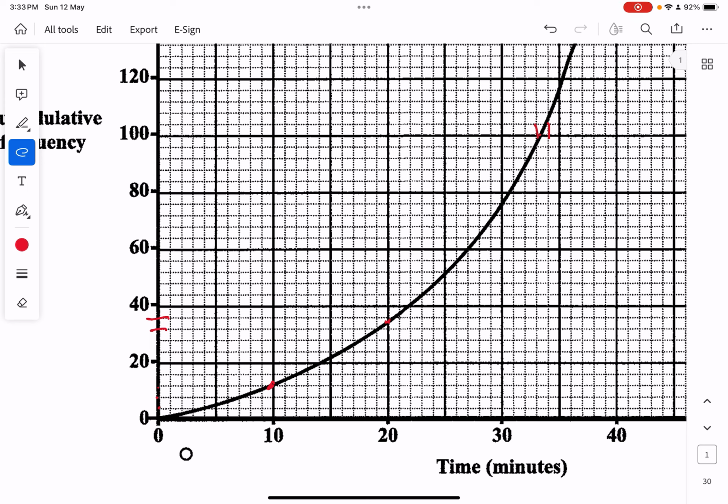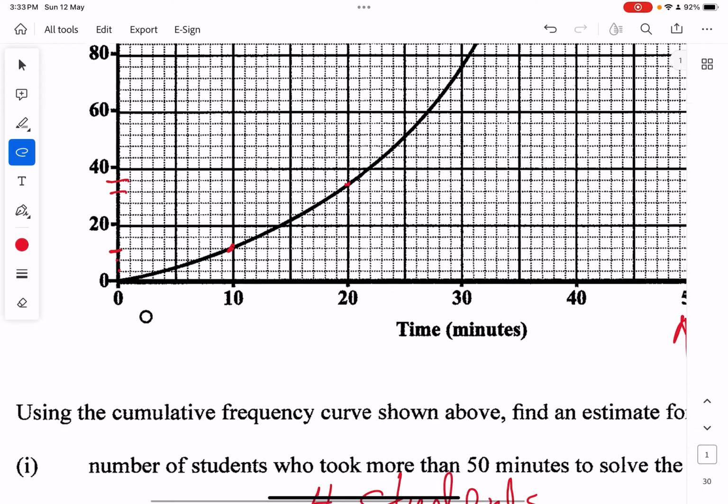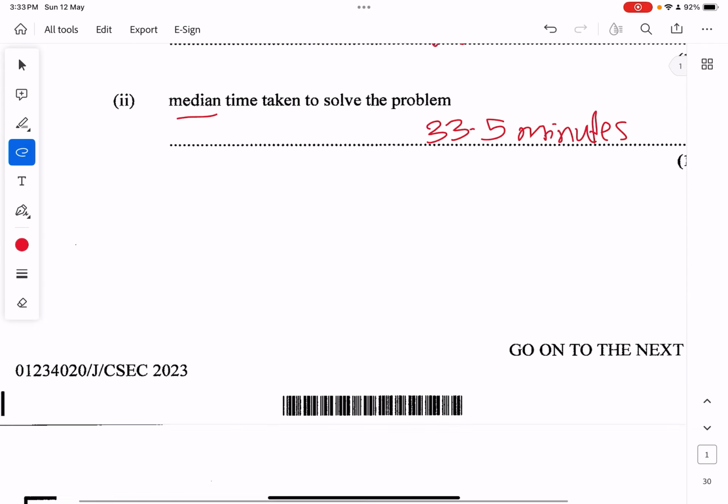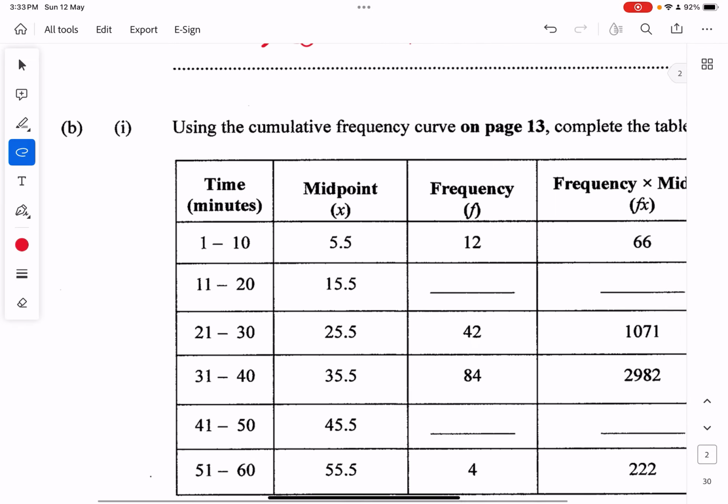So halfway between 32 and 36 will be 34. And then we have to take away this 12 from that 34 to get the actual frequency. So 34 take away 12 is 22. So then we're going to end up here with 22 being our frequency.